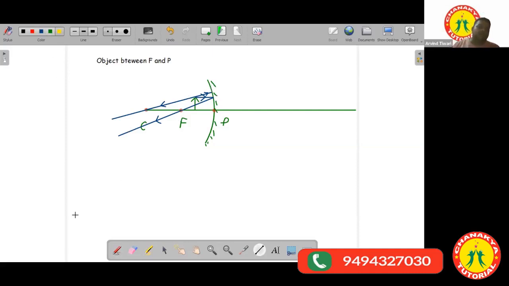But if I observe from here, it will appear to me that the light rays are coming from a common point.